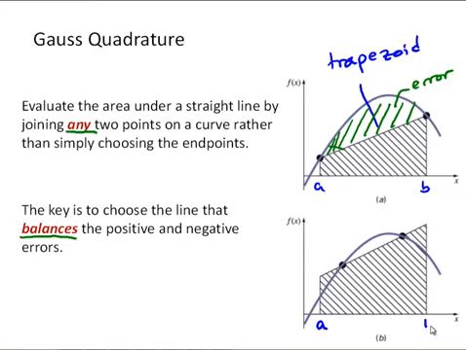If we're integrating over a range from a to b, that's still the trapezoid that we're going to use to calculate the integral, and this would be for a 2-point calculation. But we've strategically chosen these points so that the positive error here is balanced by the negative error here and here.